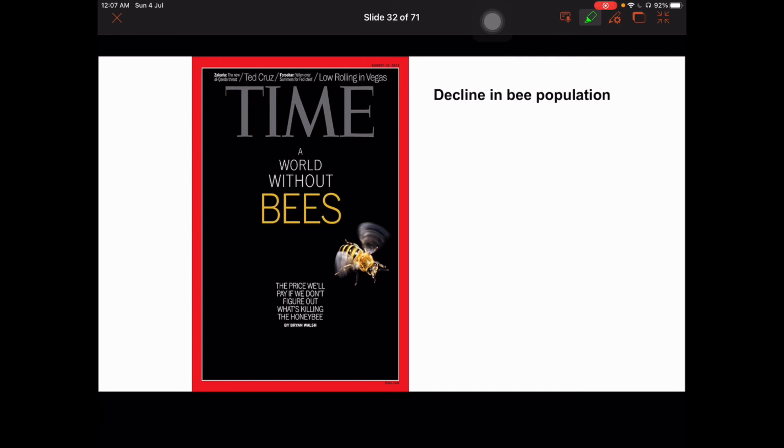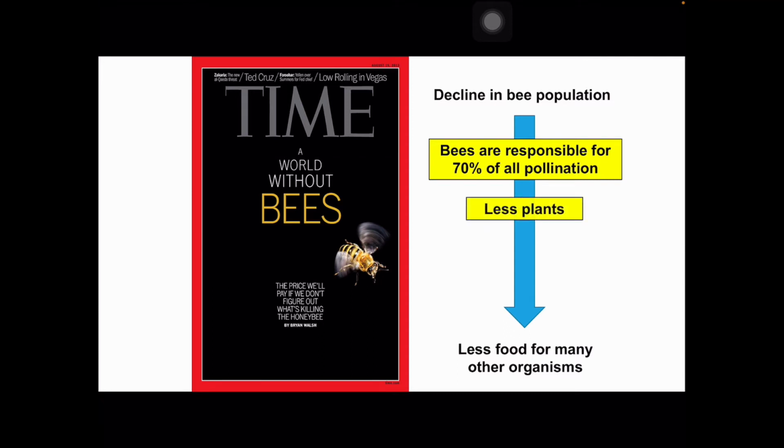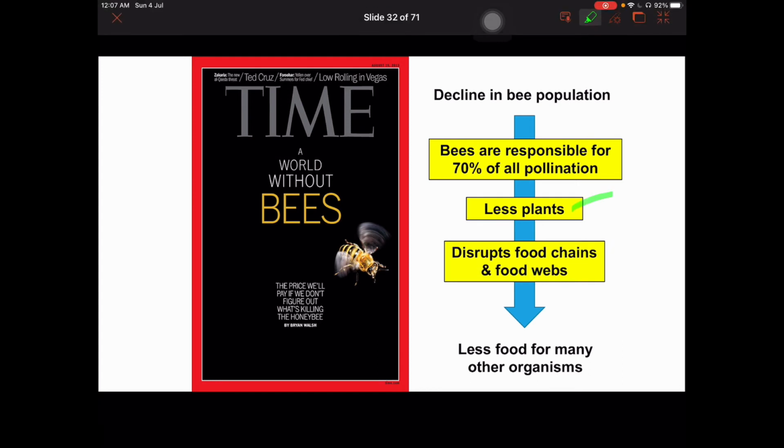So they actually started to do some data research, and they found that if there's a drop in the bee population, it will actually result in a drop in food for many other different organisms. Why is that the case? Because bees are actually responsible for 70% of all pollination of plants, which means that without the bees, you will have less plants, and because plants are producers, you're going to cause a lot of the food chain to be disrupted.